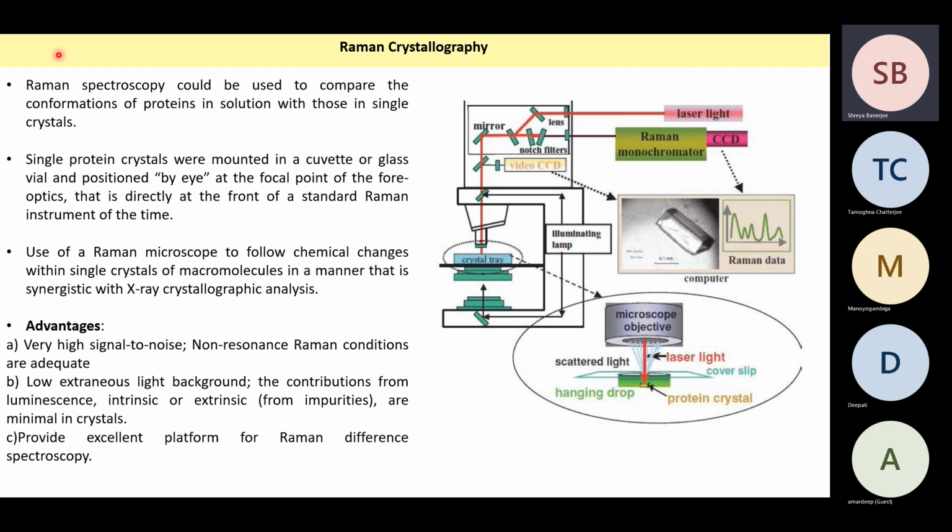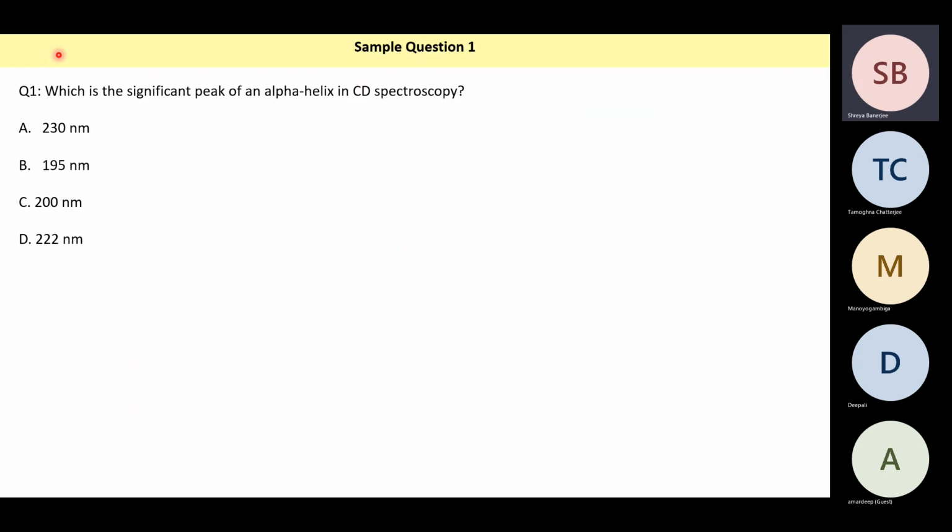That brings us to the summary of week 7. Now we'll just go through a few sample questions. First, which is the significant peak of an alpha helix in CD spectroscopy?